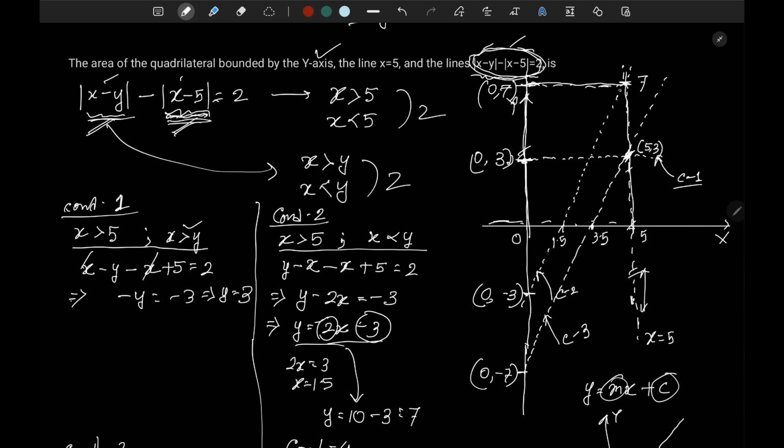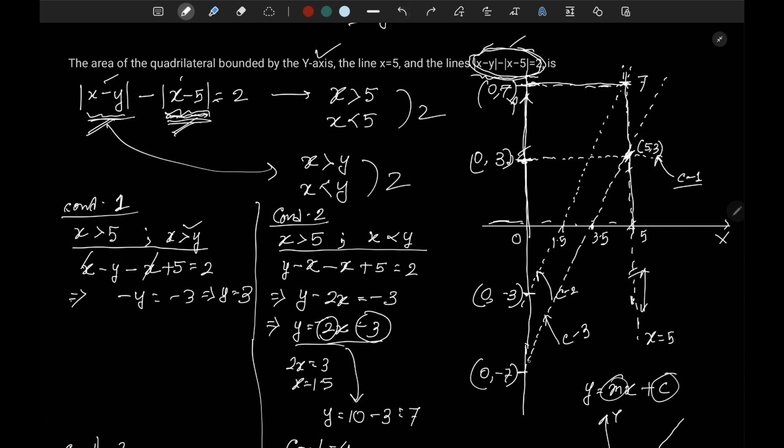Those sets of equations generated these dotted lines, and as we are concerned about the whole area bounded by these curves, we will take only the boundaries. So we will not take this particular line or this particular line. Why? Because we are only interested in the boundaries.